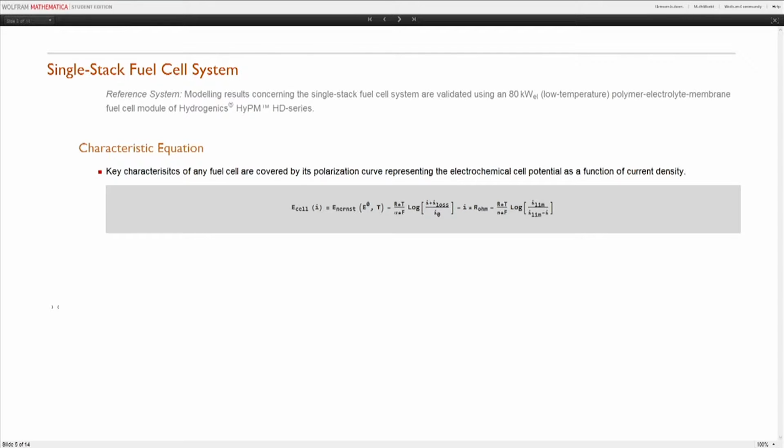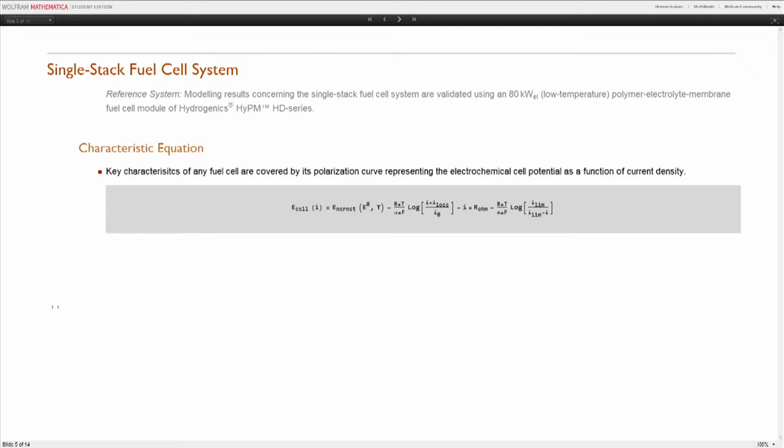I placed a very simple one here, which basically only shows the cell potential normed for 1 square centimeter, dependent on the current density. And here the parameter temperature is included, but I avoided all other parameters like pressure and mixtures of the gases and stuff like this.